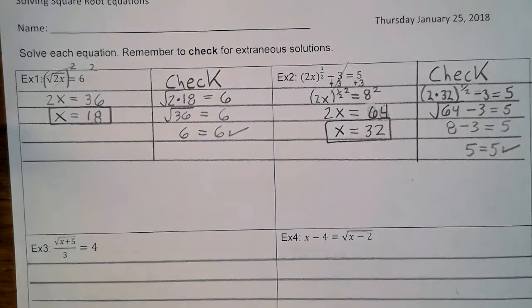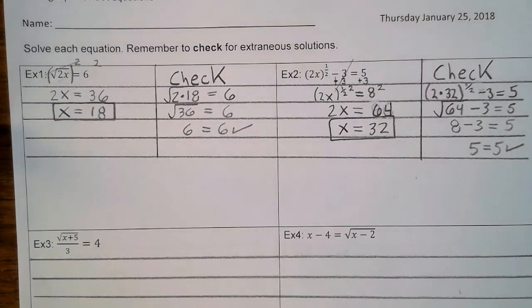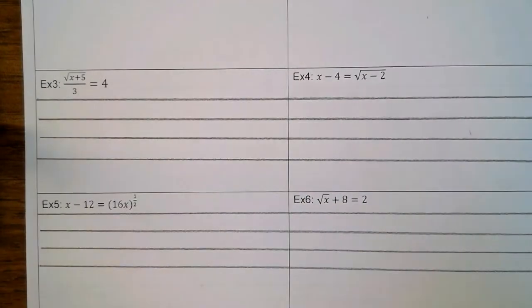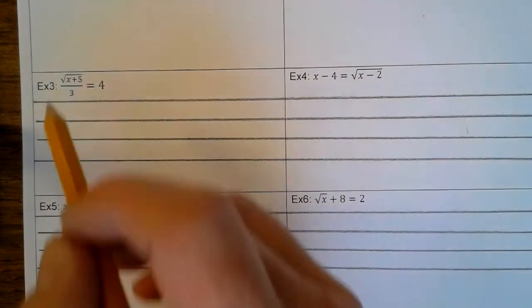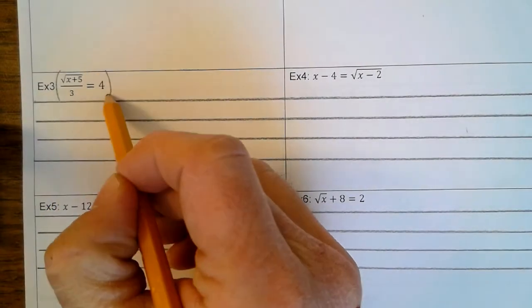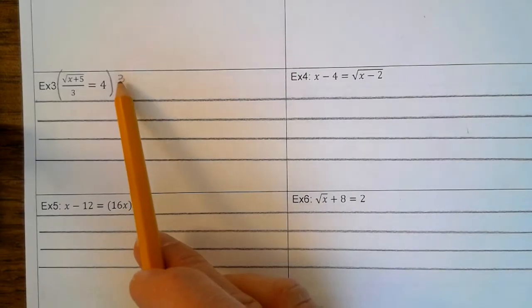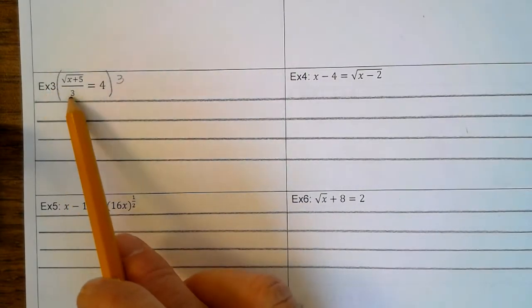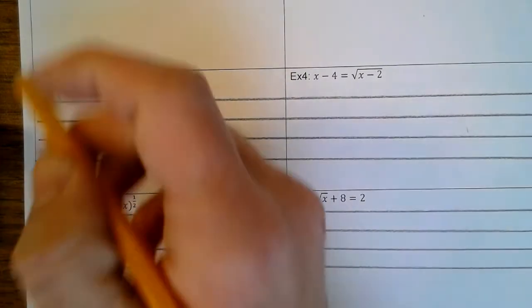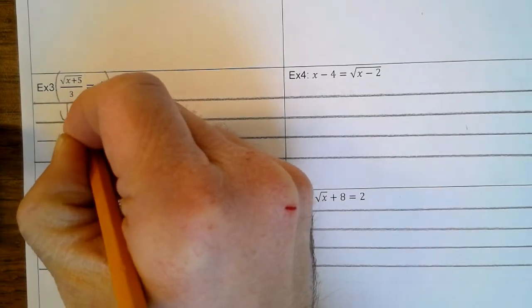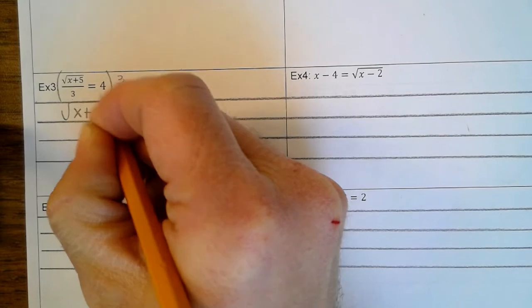All right, let's move on to example 3. All right, example 3. Again, we want to isolate this root, so we're actually going to multiply both sides by 3. Well, if you multiply this by 3, that becomes 3 divided by 3, which is 1. So then that's the square root of x plus 5 equals 4 times 3 is 12.